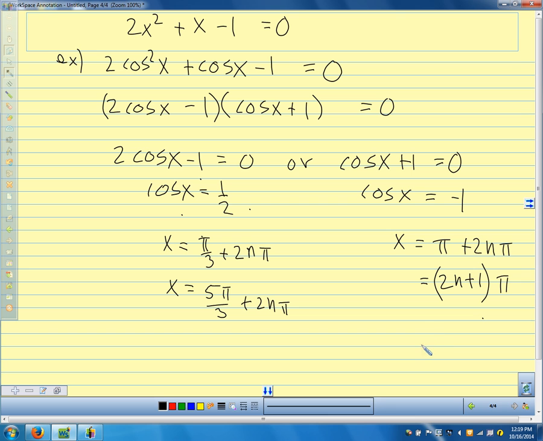Questions on that example? Now, let me expand on Sam's question really quickly. If you had an equation that didn't come out nicely, where you ended up with something you don't recognize from the unit circle, so it said cosine x equals like 0.578, then you would have to use the inverse cosine to find one of the angles, and then you would have to know how to get the other angle from that. Do we know how to get the other angle?